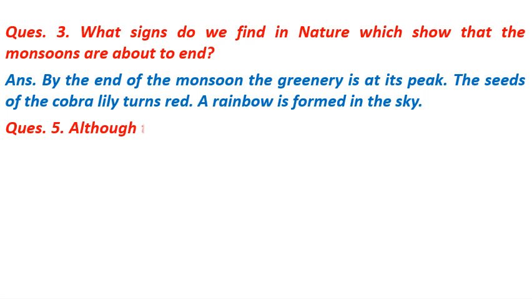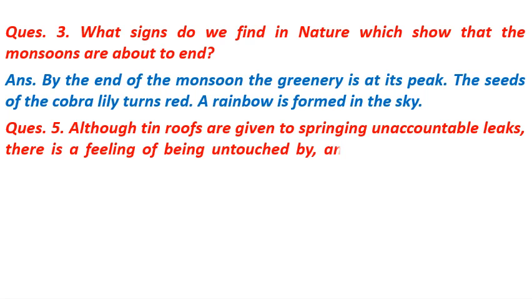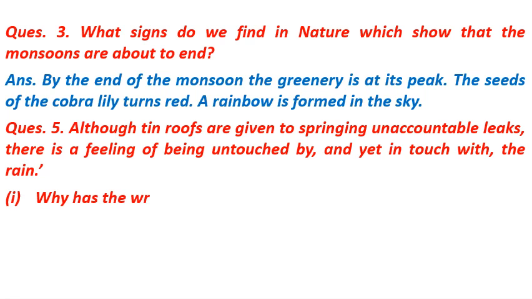Question number 5 is, although tin roofs are given to springing uncountable leaks, there is a feeling of being untouched by and yet in touch with the rain. The first part is, why has the writer used the word springing?